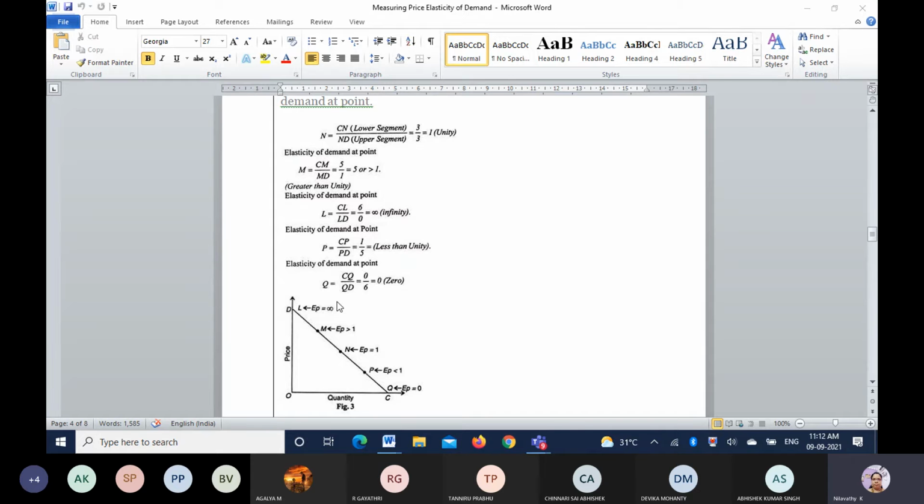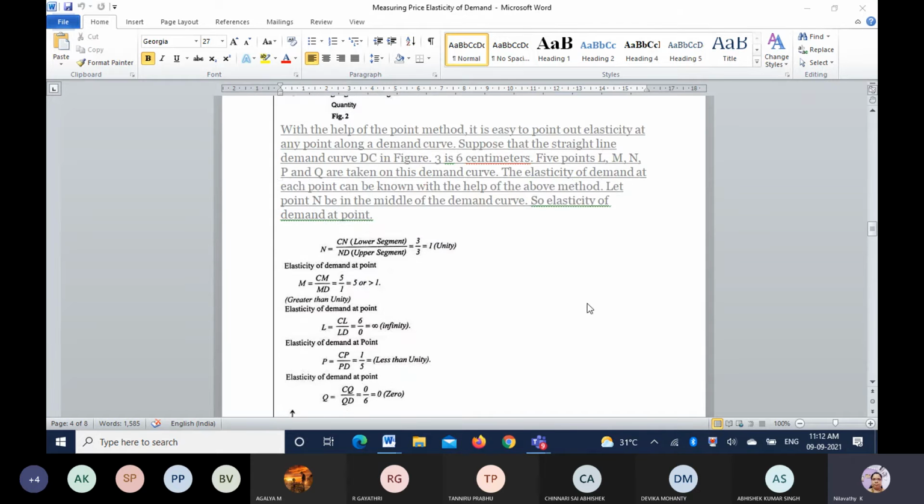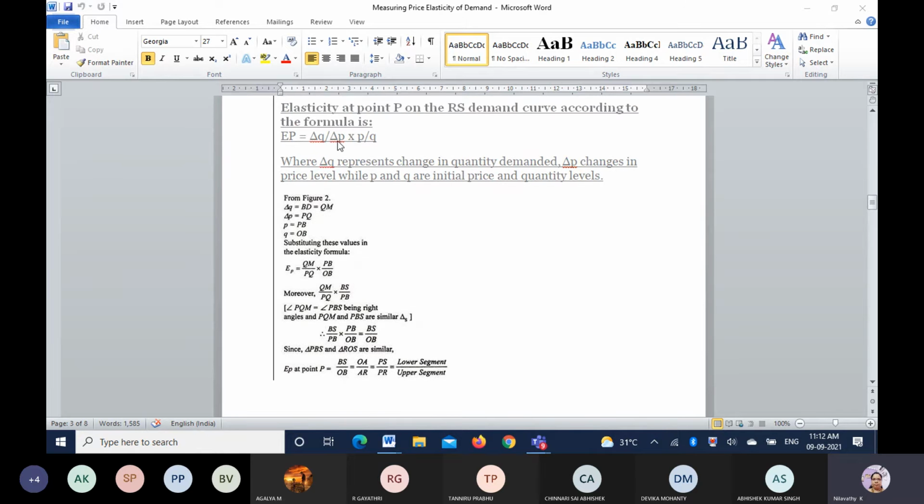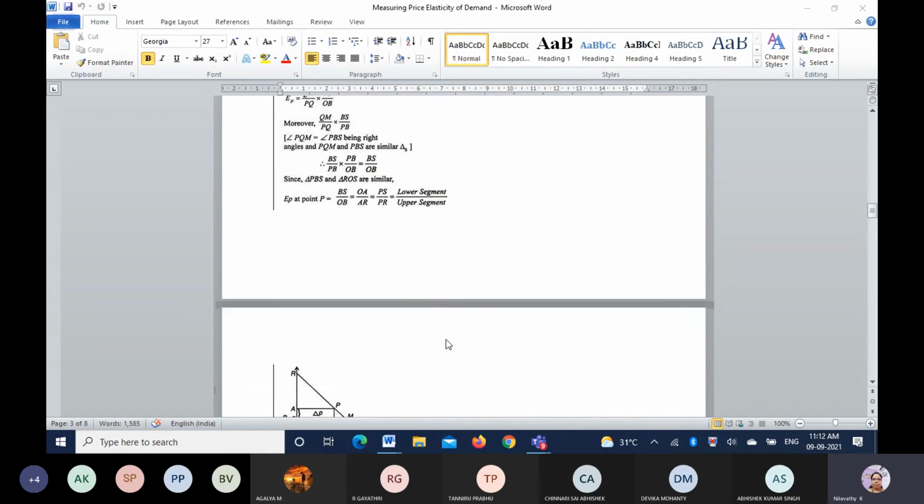Here in the point method, what we will be doing is this formula, delta Q by delta P into P by Q, the normal equation, that is being put in, and they have formed a final equation which says lower segment divided by the upper segment.